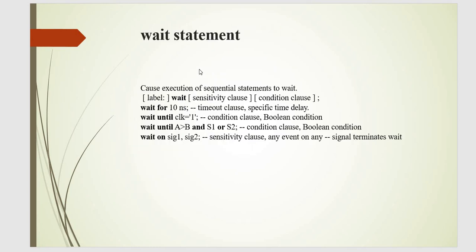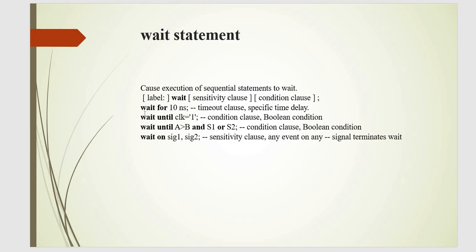That is the wait statement. This is used when you want to control the execution mechanism and you want to wait based on some requirement or some transaction or activity on a particular signal. Conventionally the syntax is label, then the wait keyword, sensitivity clause, and then condition clause. There are three forms of wait statement.